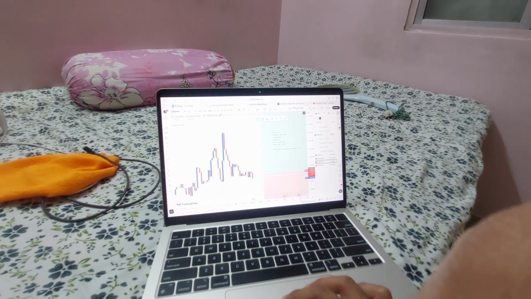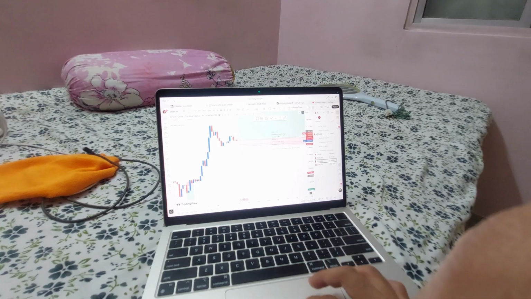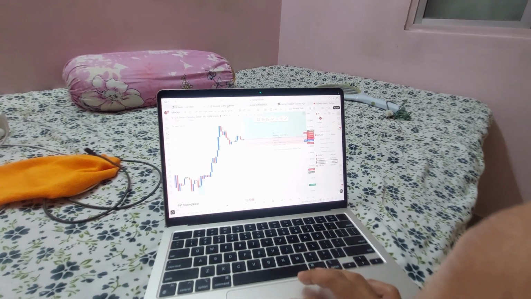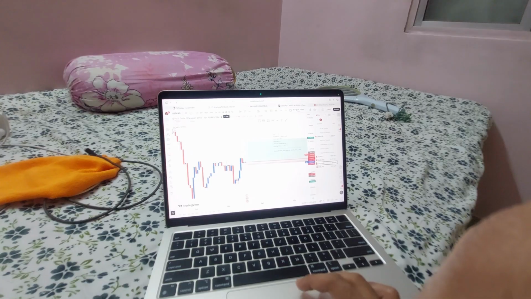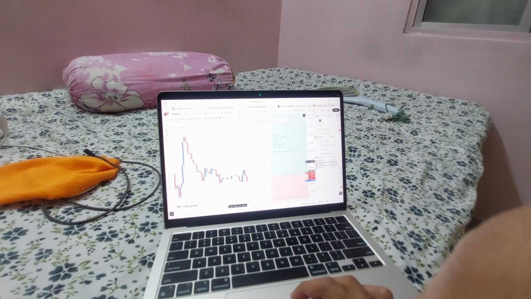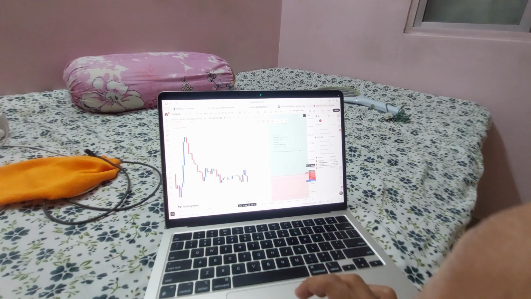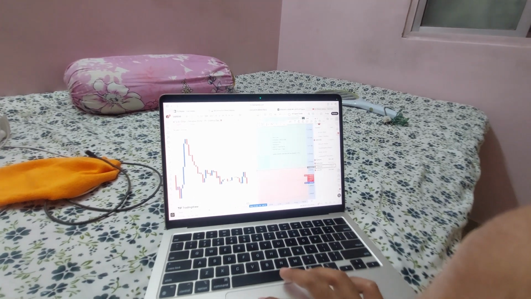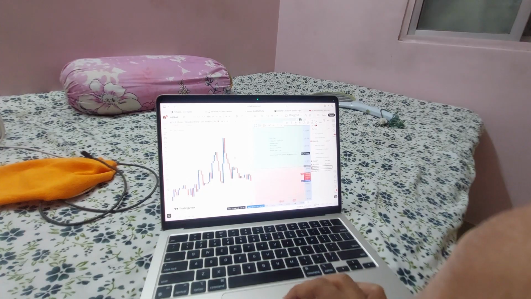Oh my goodness. But it is very much ready to take the trade. We just need some kind of shift. If the candlestick closes above this candle, we can easily enter this trade, but I can't. These trades are just for prediction, not for entry.